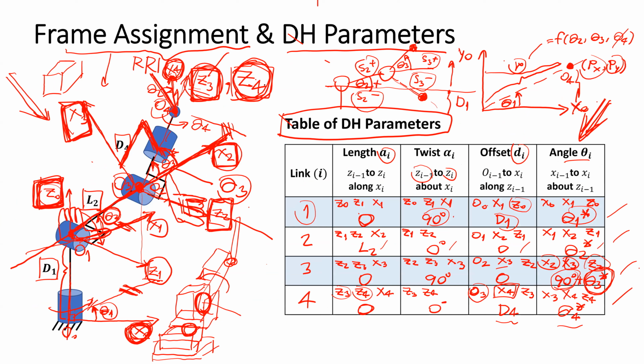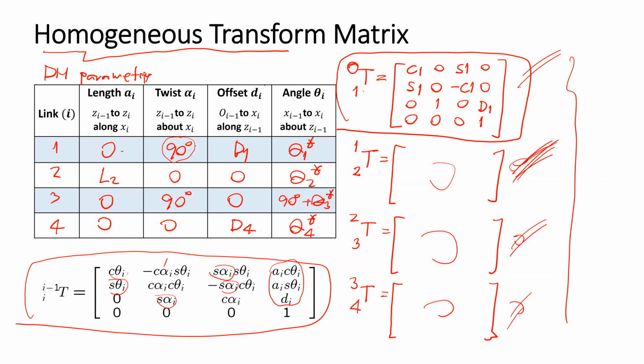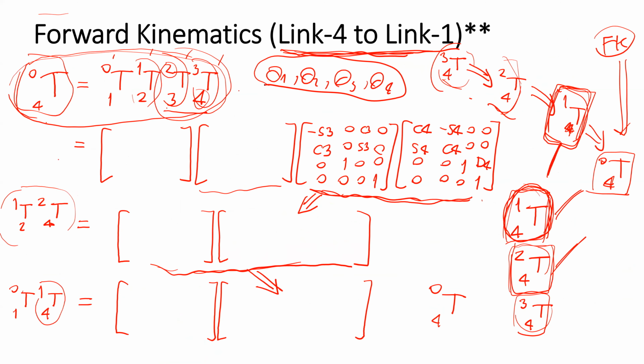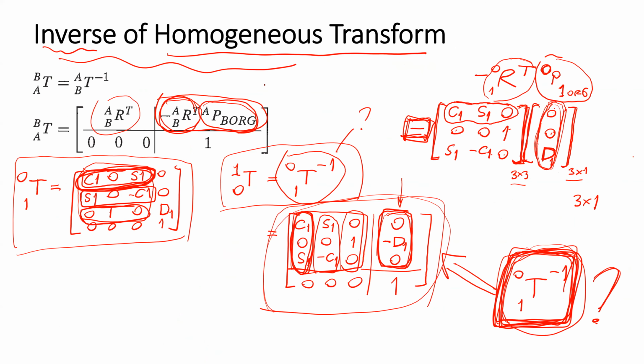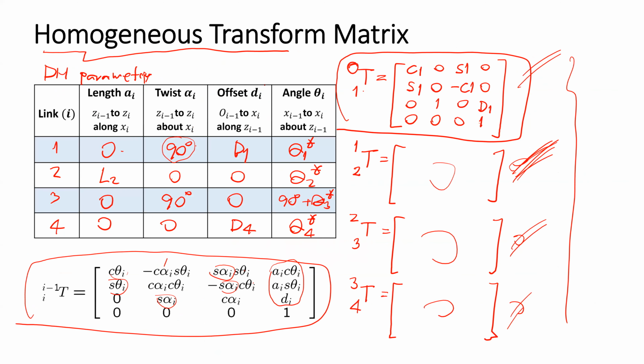Although the theta 4 will be 0 or some angle, it doesn't change the endpoint position for this robot.